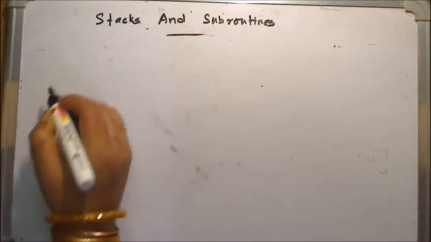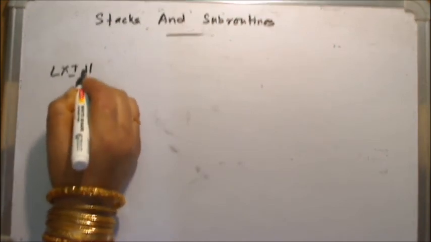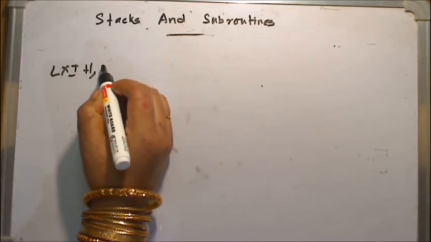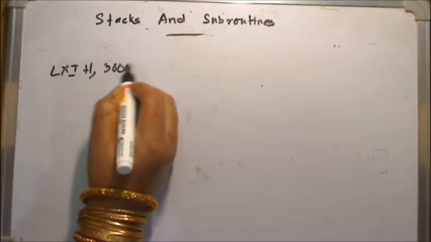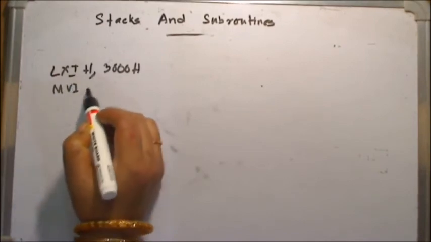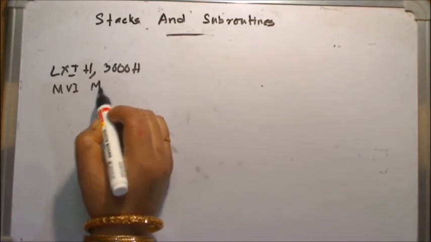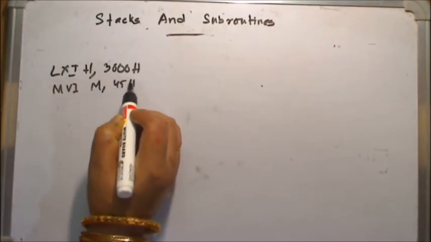Now let me show you by example. LXI H comma 3000. Okay, then MVI M comma 25H.